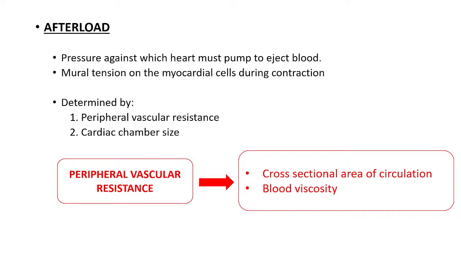Okay, the peripheral vascular resistance, we know, will depend upon the viscosity of the blood and the cross-sectional area of circulation. Colleagues, can you please tell me what are called the resistance vessels in our circulation?